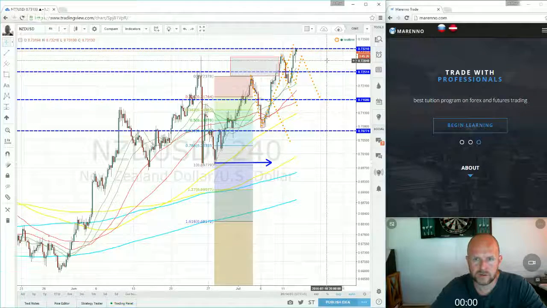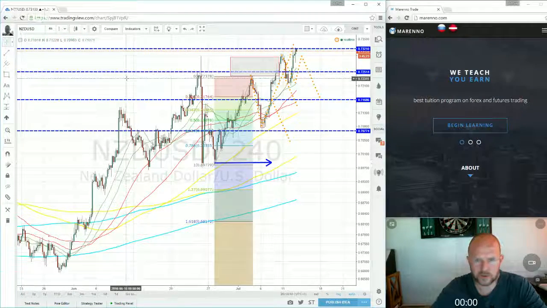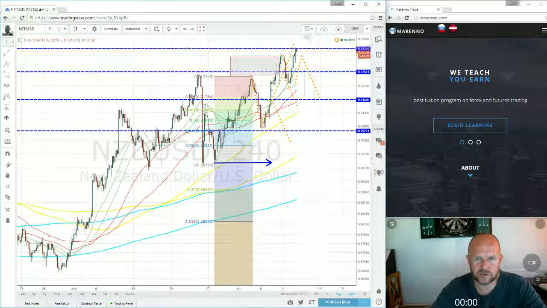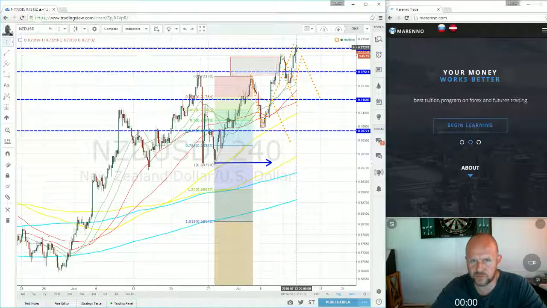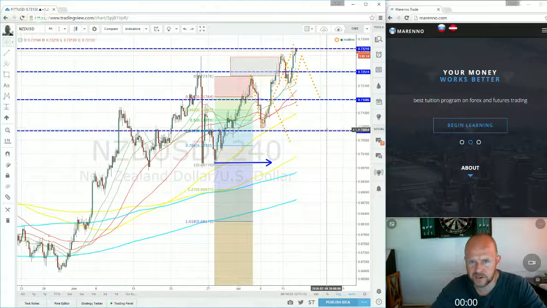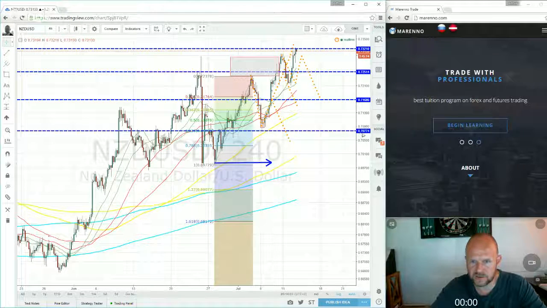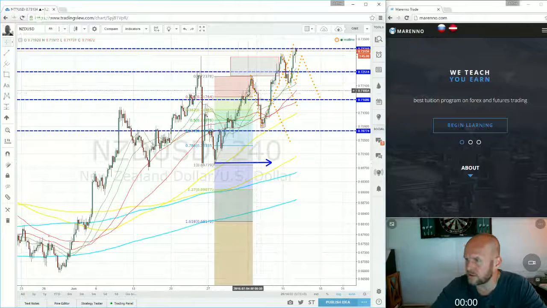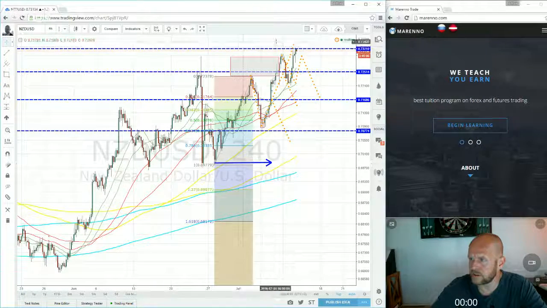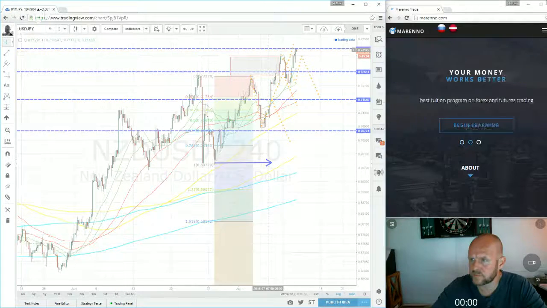I will not do anything about it at the moment. I do expect this price to reverse, and I want to sell it with a target at roughly 0.70774, but I will leave it for now. Let's go further.